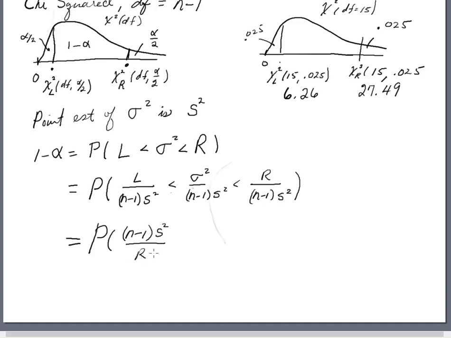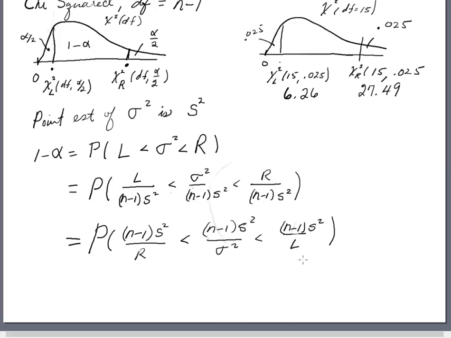So that would be n minus 1 s squared over R, and that would be less than n minus 1 s squared over sigma squared, less than n minus 1 s squared over L. Okay, so with just a few seconds of fiddling around with paper and pencil, you can see that that's all correct.